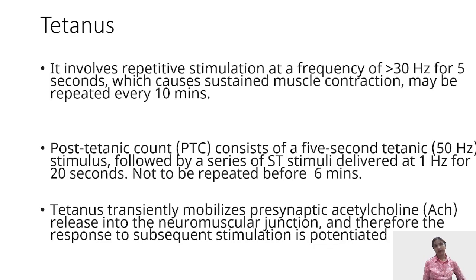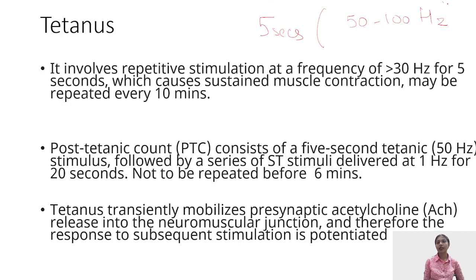Then tetanus. Tetanus is nothing but a single stimulus which is sustained for at least 5 seconds and given at a frequency more than 30, generally 50 to 100 hertz.